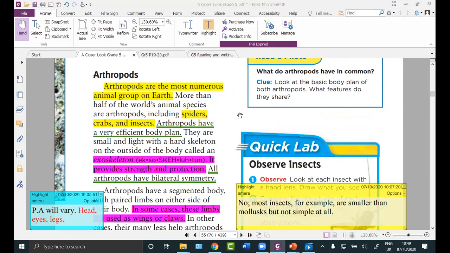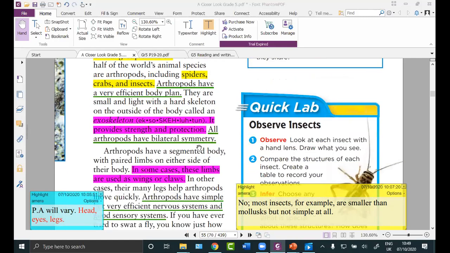They are small and light with a hard skeleton on the outside of the body called an exoskeleton. It provides both strength and protection. All arthropods have lateral symmetry. Thank you, Yazan. You did well. Lower your hand, please.